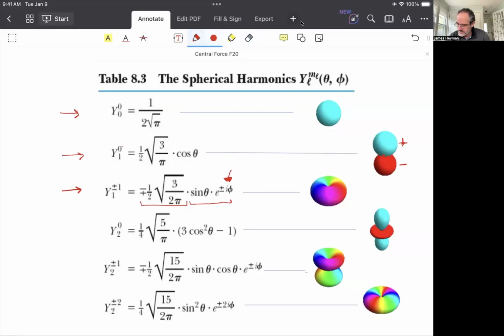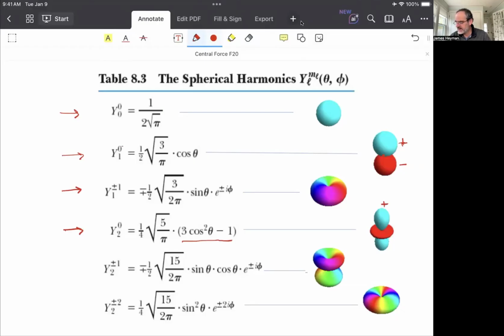All right, here's the next one. Y2,0. L equals 2, M equals 0. And this looks like this. Of course, this one varies like 3 cosine squared of theta minus 1. So when theta is equal to 0, this is equal to 3 minus 1, or 2, and it's positive.